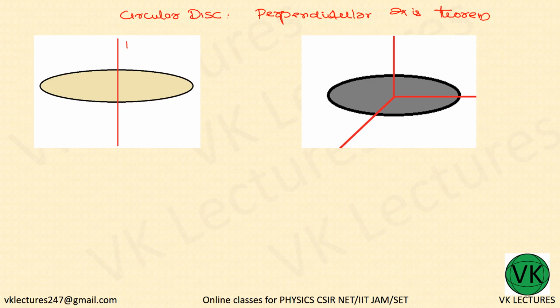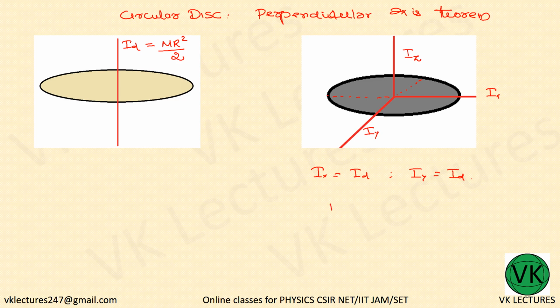Now here we know that this is ID, which is equal to mr squared by 2, and this is Ix, this is Iy, and this is Iz, and Ix is nothing but ID, and Iy is equal to ID, because it's along the diameter. When you extend this, both are in the same plane, so it's along the diameter of the disk.